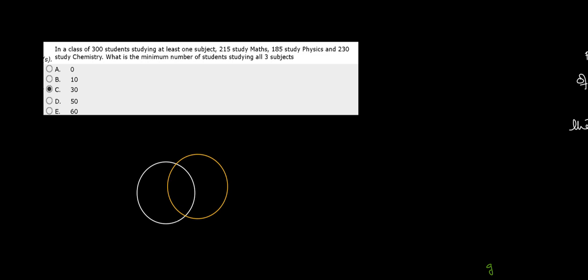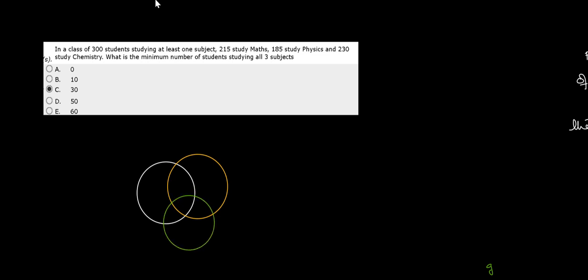Okay. So this is based on the concept of maximum minima. Same thing that I did for two circles. Here we will have to deal with three circles, that is the difference. So this is circle one, circle two, and circle three.